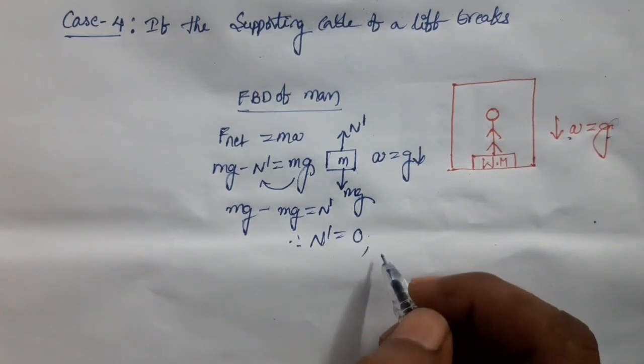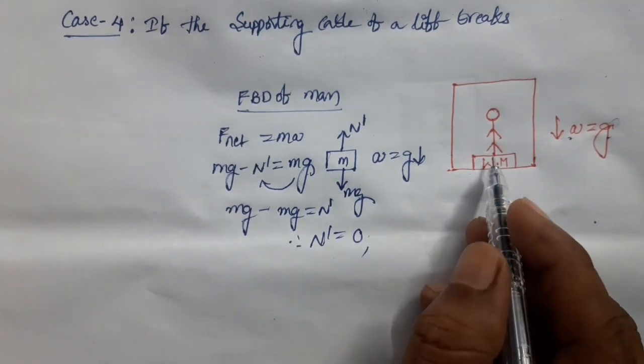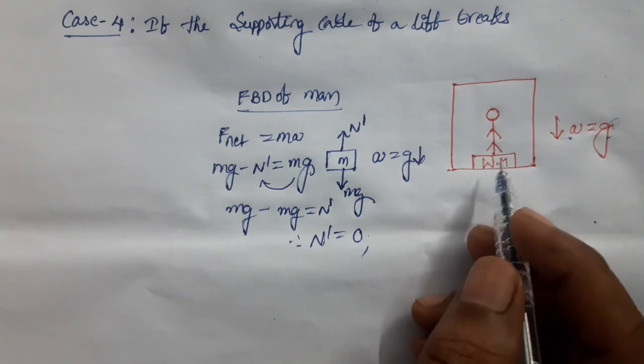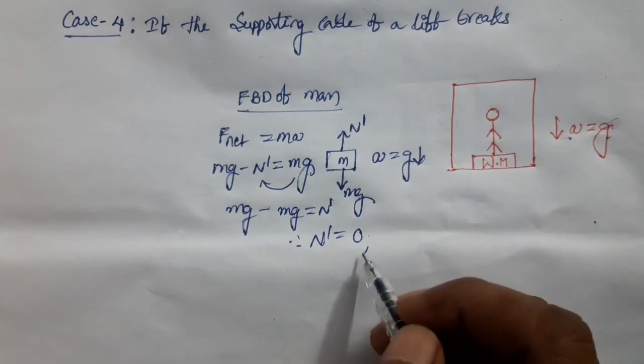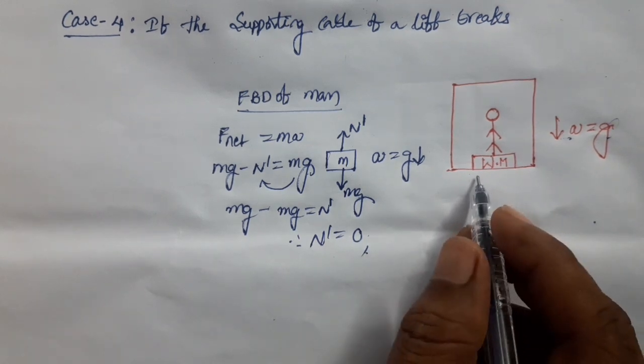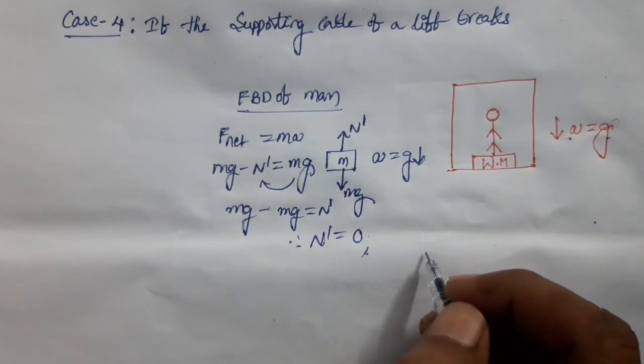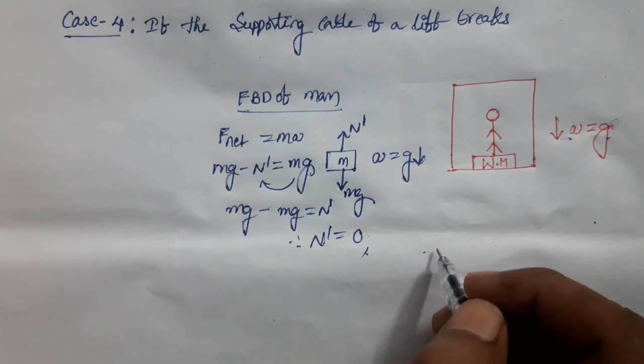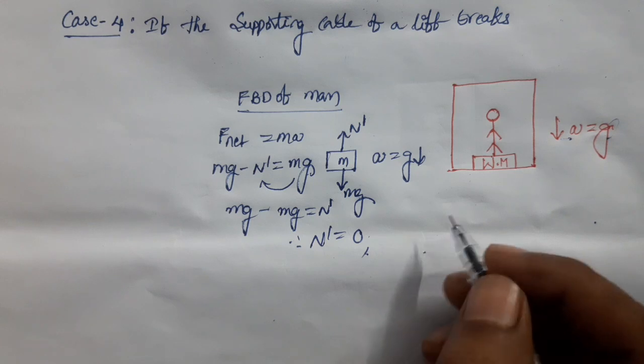Here in this case, the contact between the man and the weighing machine is lost, students. Because of that, normal reaction is 0. So the weighing machine reading is also 0, students. So in this instance we should compare the apparent weight with the true weight, students.